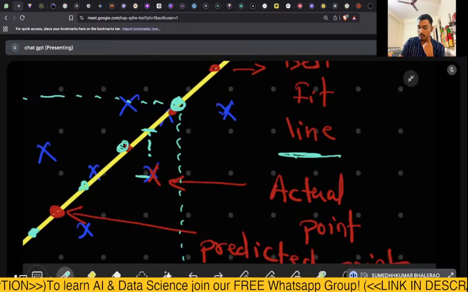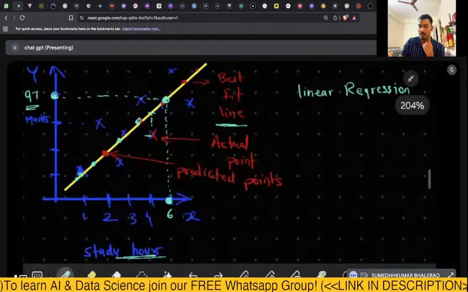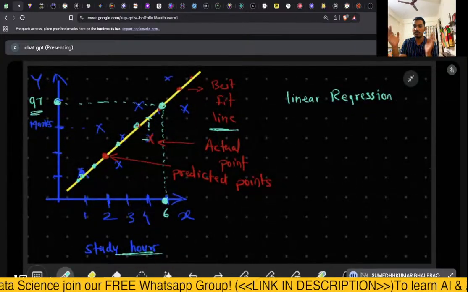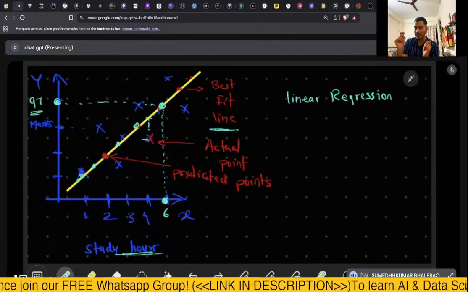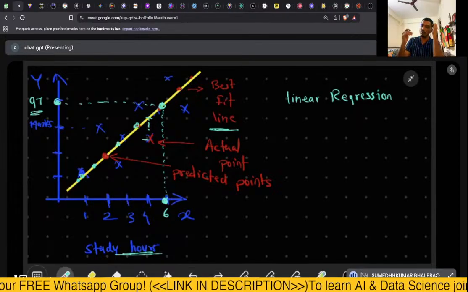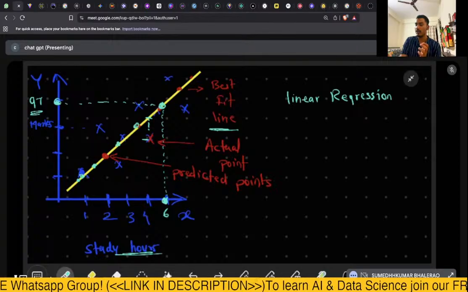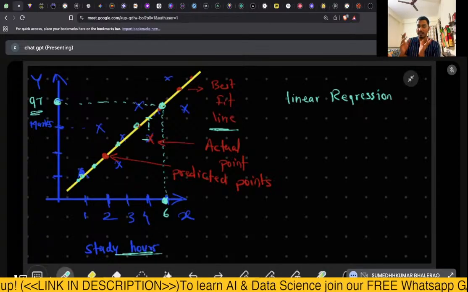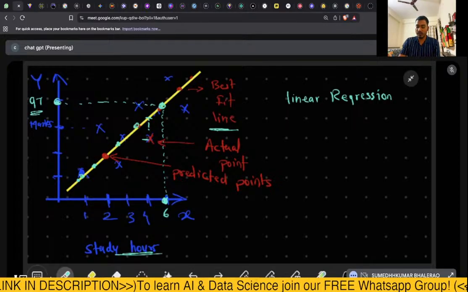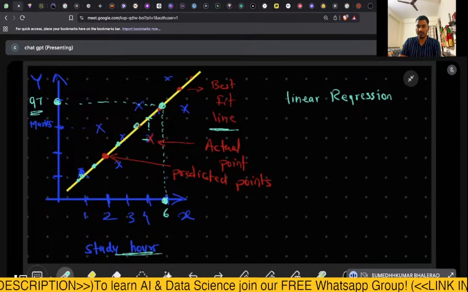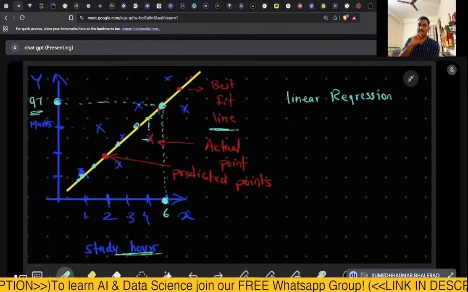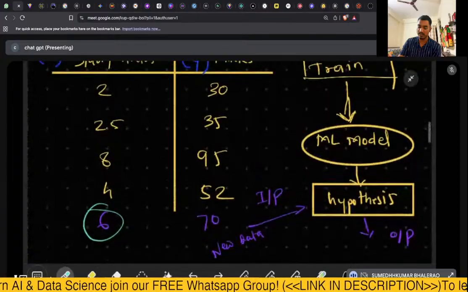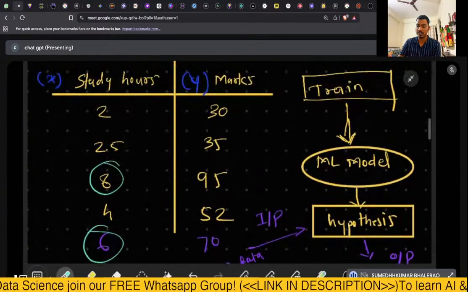If your actual points are almost the predicted points, it means your machine learning algorithm is working well. How? Because your data has those patterns. For example, here we can say if the study hours increase, marks increase.